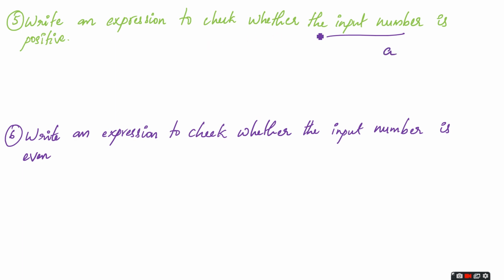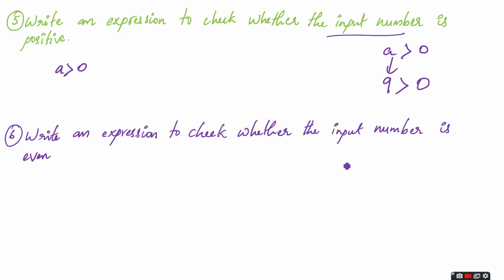And how we will write the condition. For example, I have input the value 9. So a refers to the value 9. So when 9 is greater than 0, that means it is a positive number. So how we will write the expression? A is greater than 0.